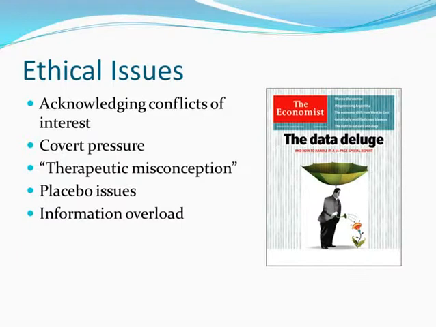Other really important ethical issues are to acknowledge that there's a potential conflict of interest between our role as an investigator and that of the patient advocate. This is important to acknowledge and to prioritise the interest of the patient. It's possible for there to be covert pressure.